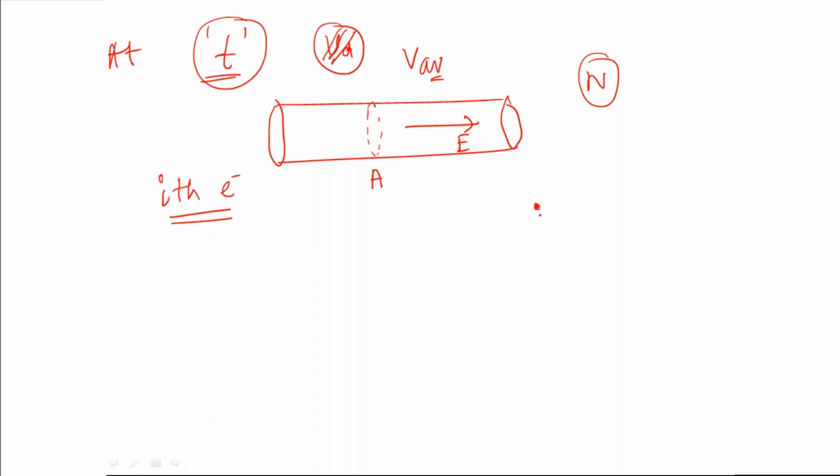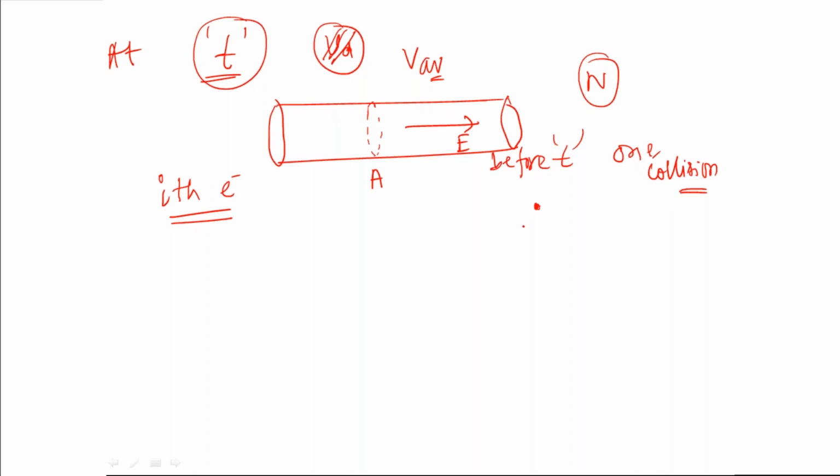I assume that the electron has undergone one collision just before time t, exactly before t.